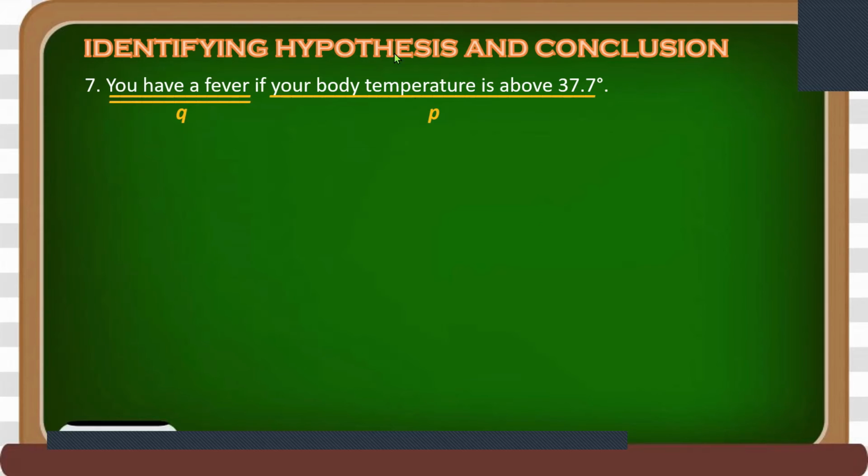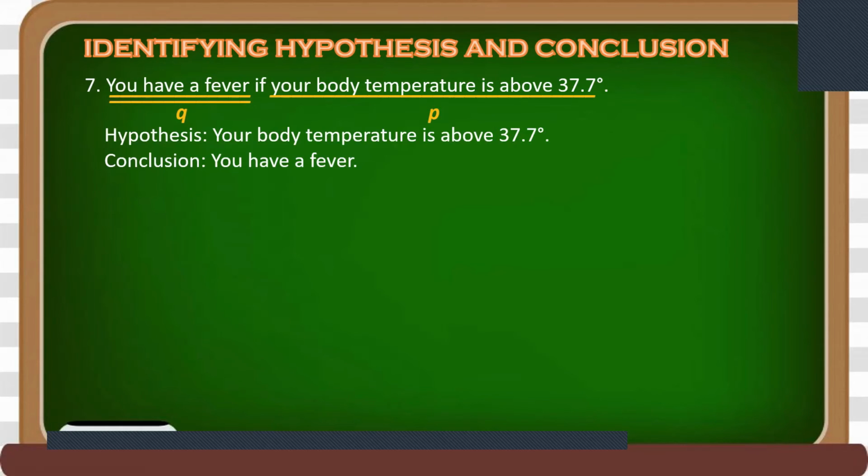Siyempre, kung ikaw ay may lagnat, kung ang body temperature natin ay nasa 37.7, may sakit tayo, may karamdaman. If is palatandaan lang po ng ating hypothesis para maitukoy natin siya. And conclusion, you have a fever.